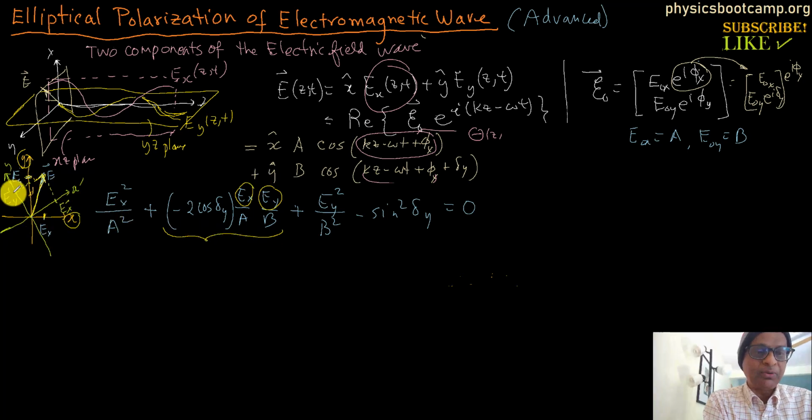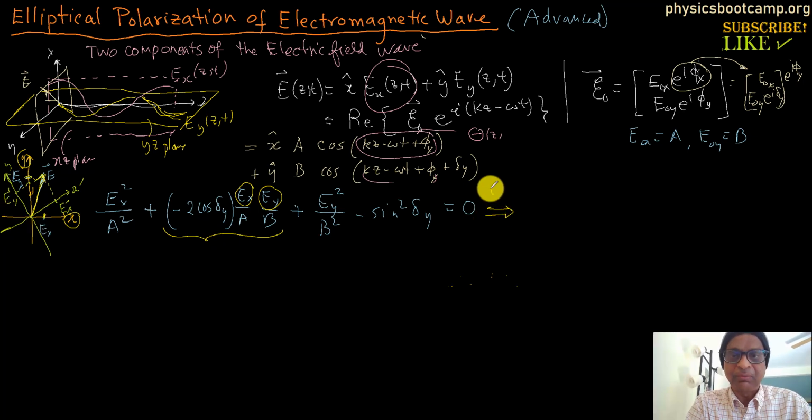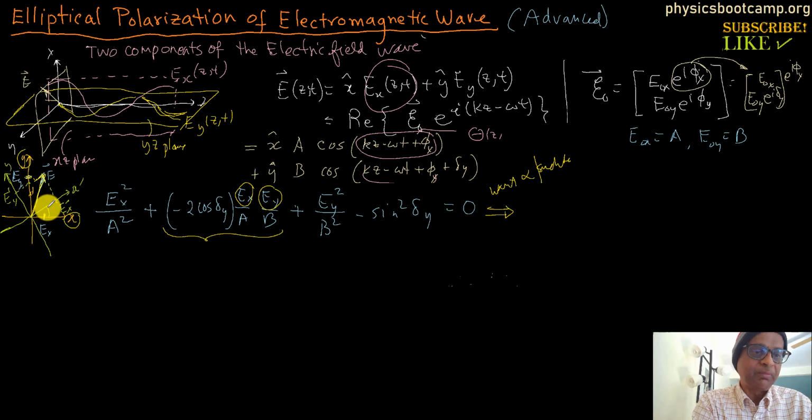What we want is to rotate the coordinate system to find out where there's no mixed term. So we want alpha such that when I rotate by alpha, in this new coordinate system I take components and this mixed term is not there.